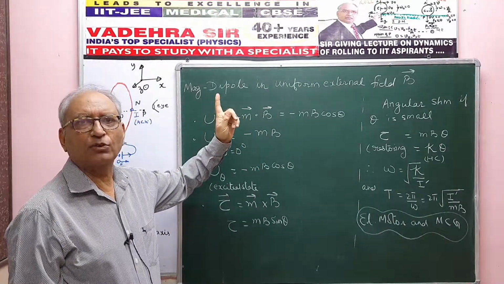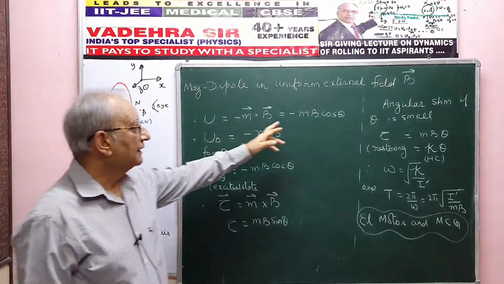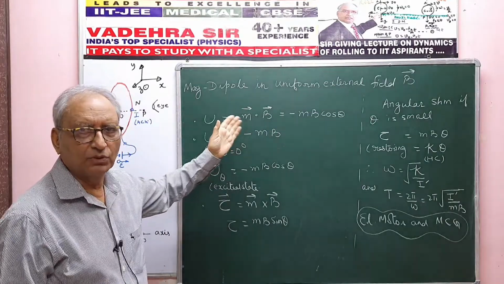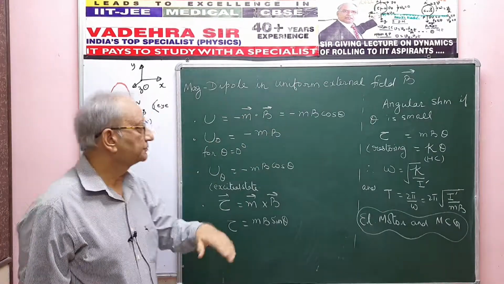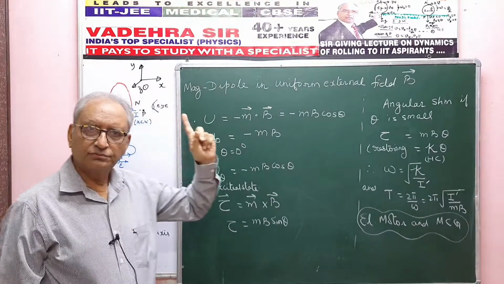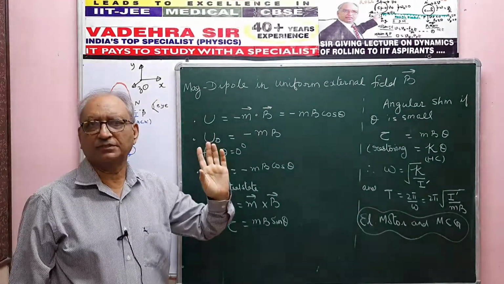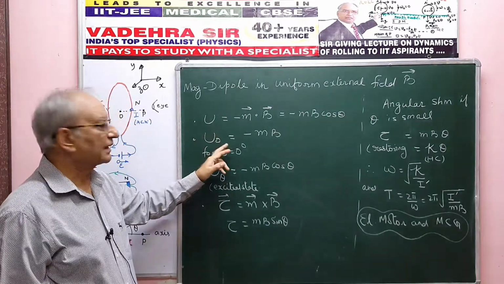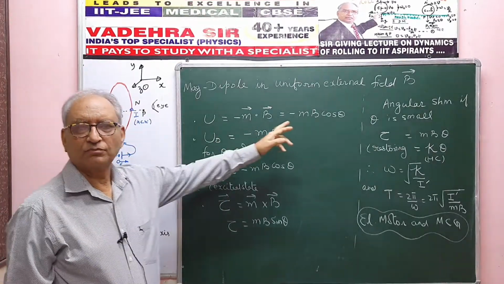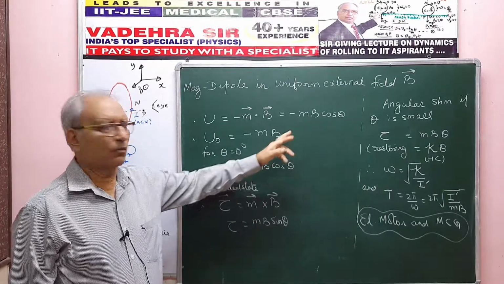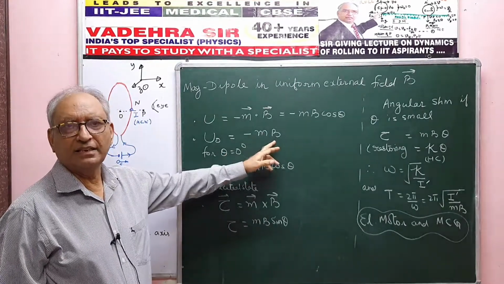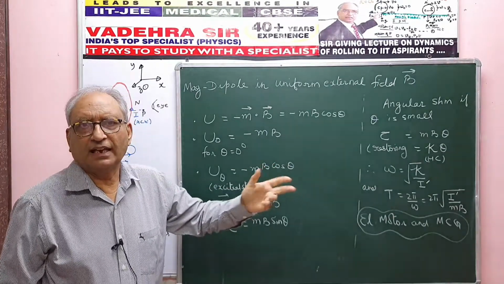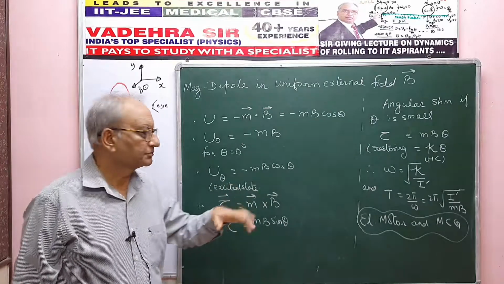Remember, minus P arrow dot E arrow for the electric dipole. That is minus MB cos theta, where theta is the angle between the two vectors, M arrow and B arrow. For theta equal to 0 degree, the least magnetic potential energy state, cos theta is 1, so minus MB. This is the most stable state. Call it the equilibrium state.